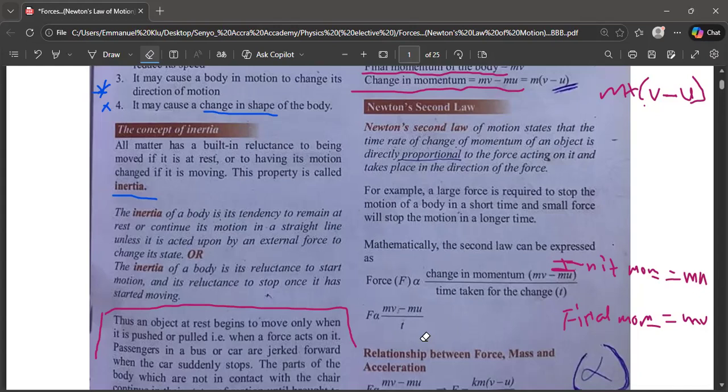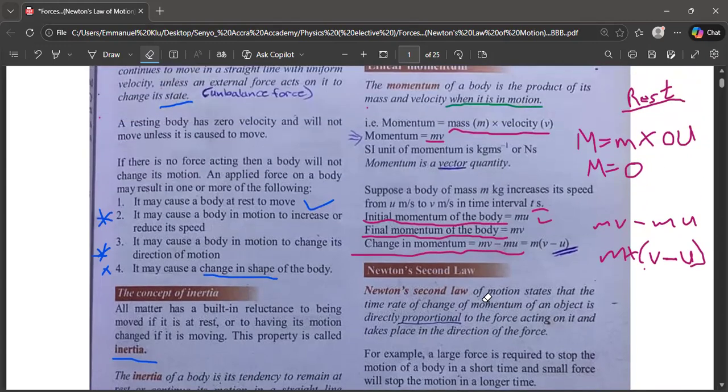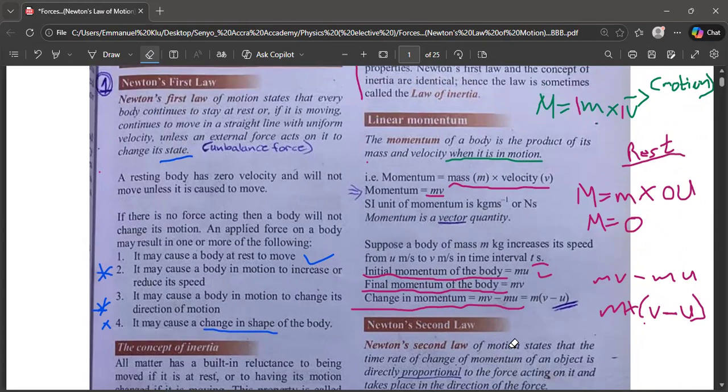I want to give you a practical question on Newton's first law of motion, even before we come to Newton's second law of motion. Listen: a ball rolling on a smooth surface keeps moving at 2 meters per second.